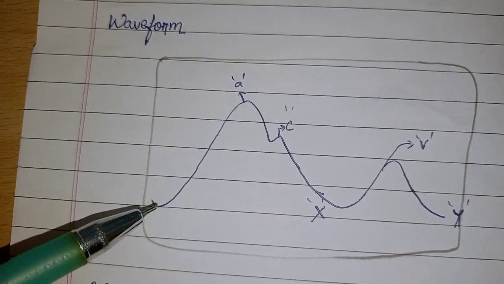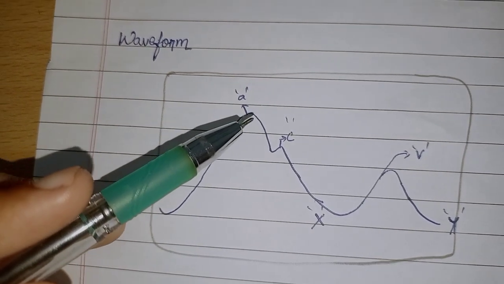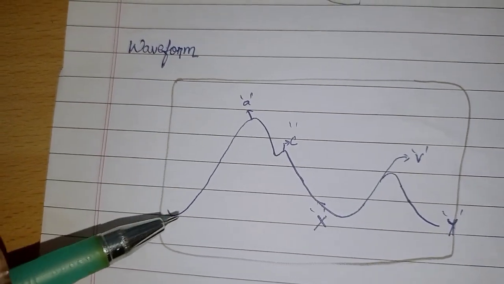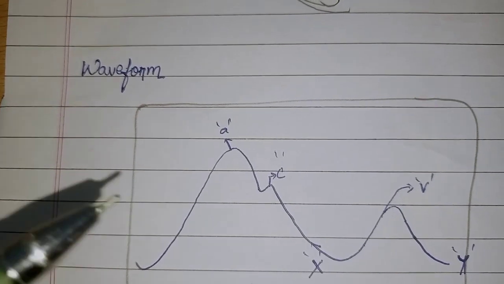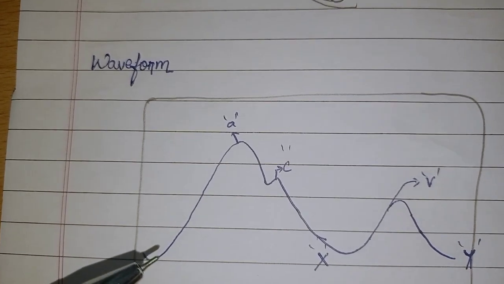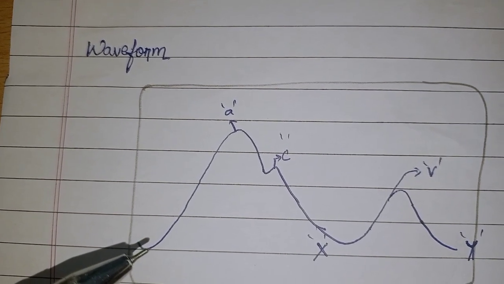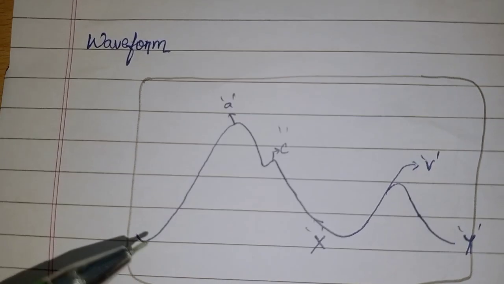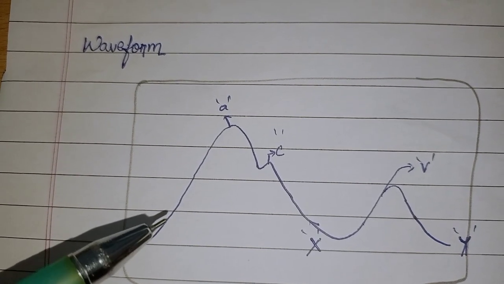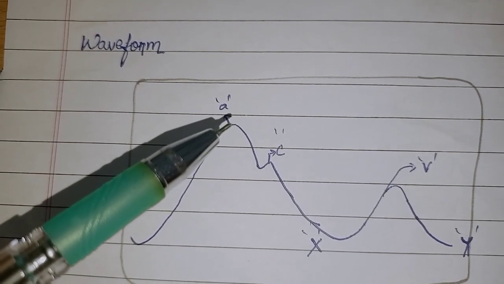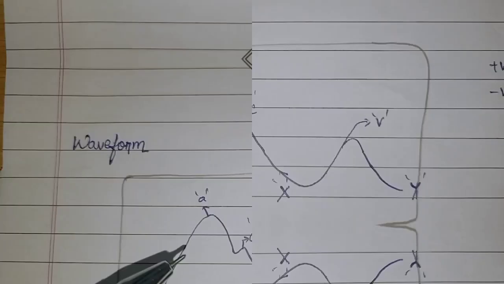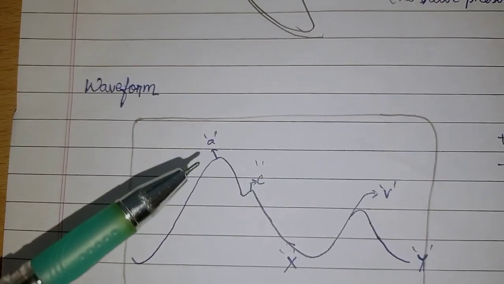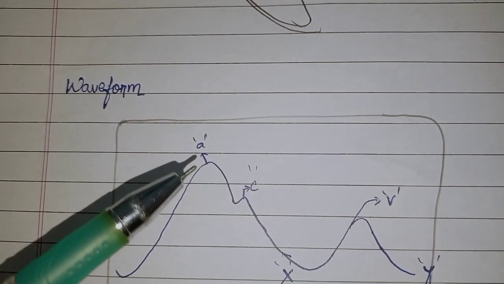Therefore, it will go like this, in the upward direction. So this is the A wave. As the atrium is contracting, the blood level in the jugular vein will increase and hence it will go in a positive direction. We can say that the A waveform is due to atrial contraction.